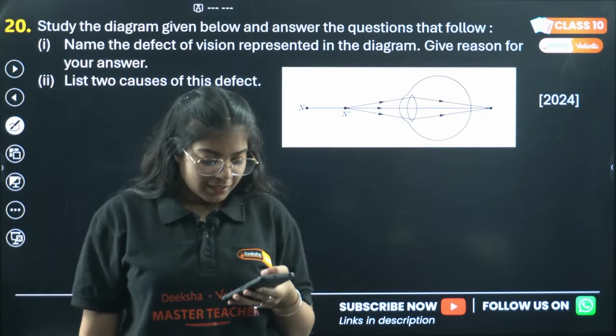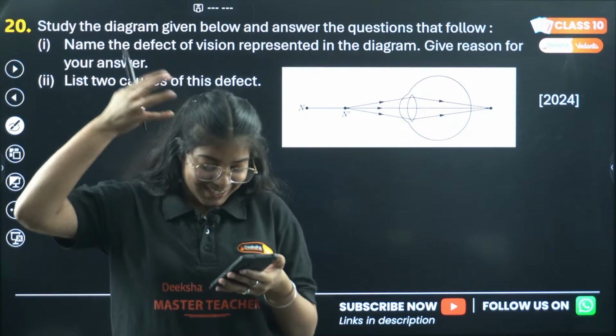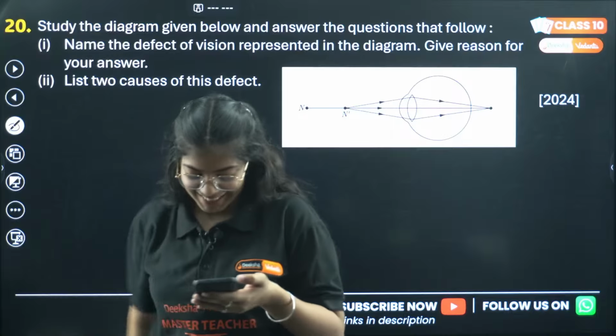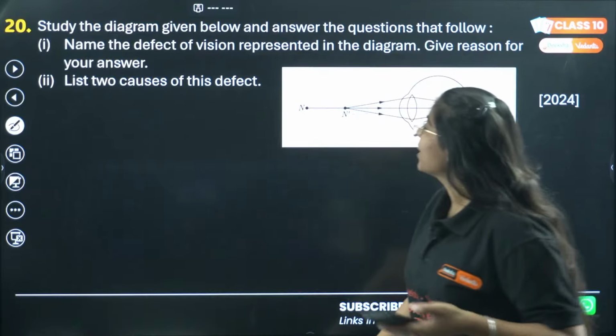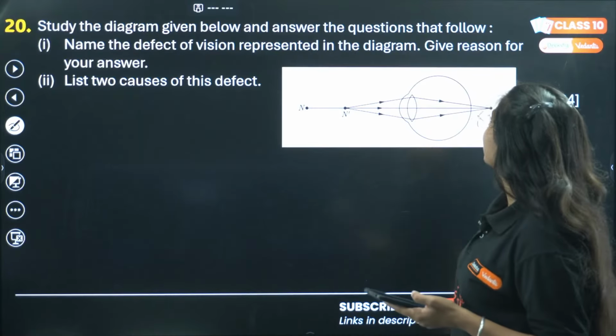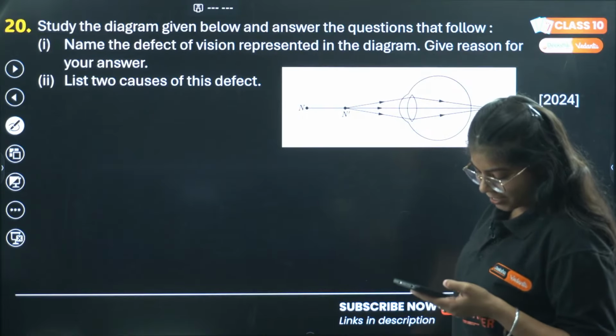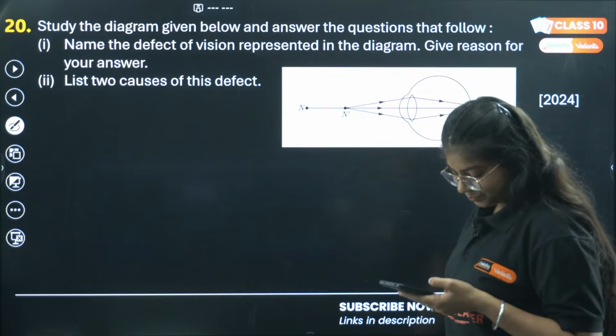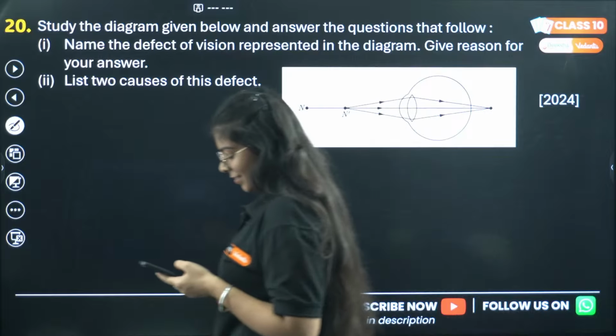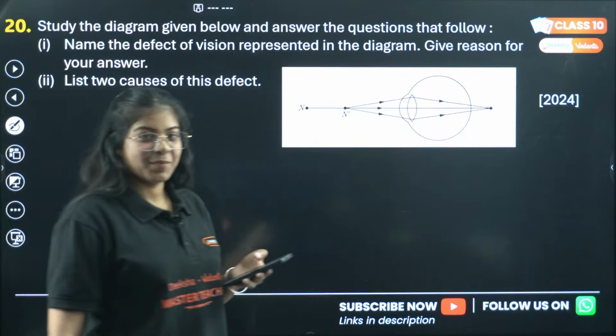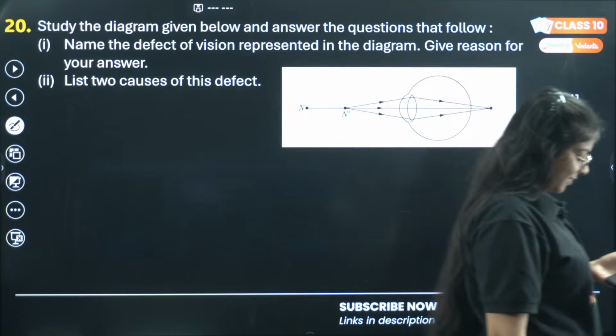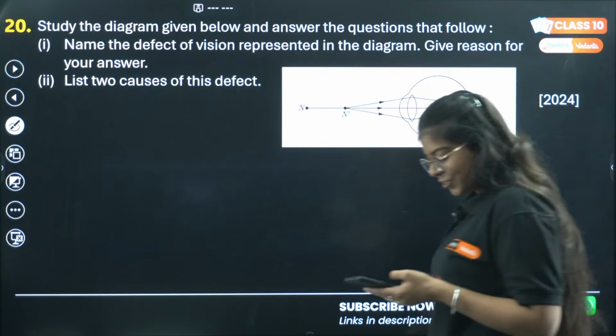Okay. Tell me the answer. Come on, you guys are just talking to me. Give me the answer of this question. Name the defect of vision represented in the diagram. Give reason for your answer. No, guys. No one is answering my question. I'm getting ghosted here.